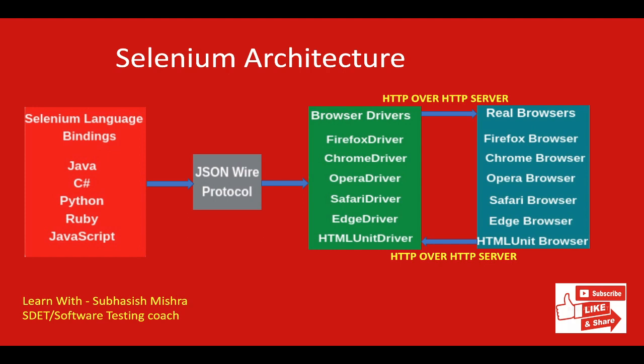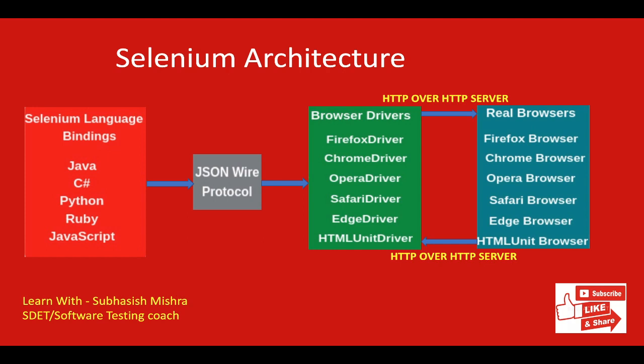That's why we need a component, here the browser driver, which will interact with real browsers without exposing their functionality. So the fourth component is browsers. Selenium supports multiple browsers such as Firefox, Chrome, IE, Safari, and so on.